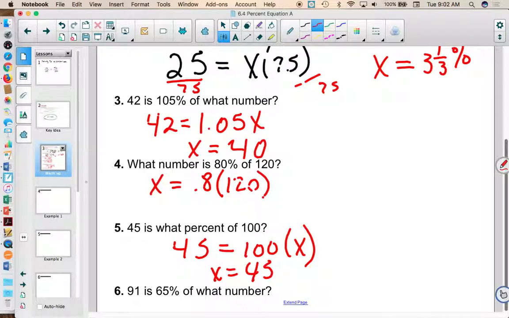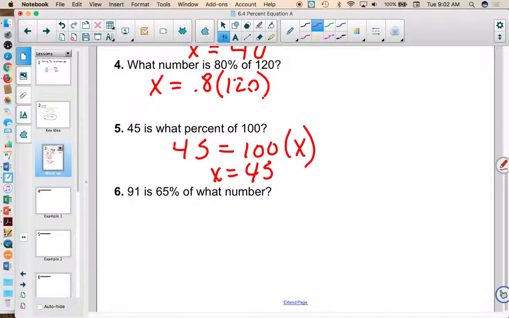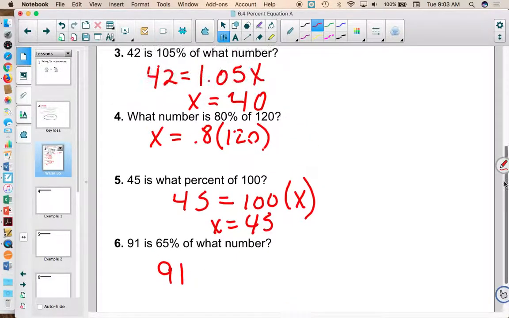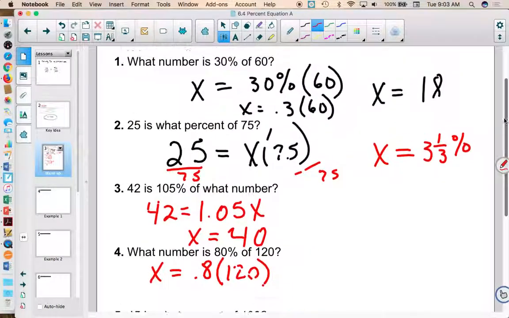Kennedy, what about the last one? I think you can set it up. Tell me how to do it. Okay, now read it again. 91 is, so do I change the 91 at all? So 91 is, go back to your statement, sweetie. The word is what symbol?